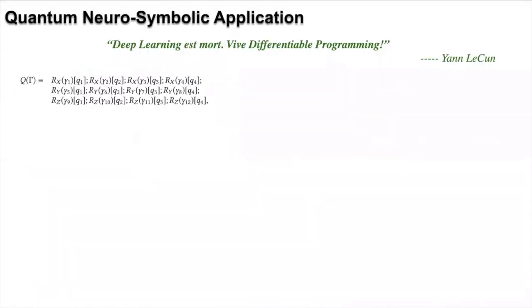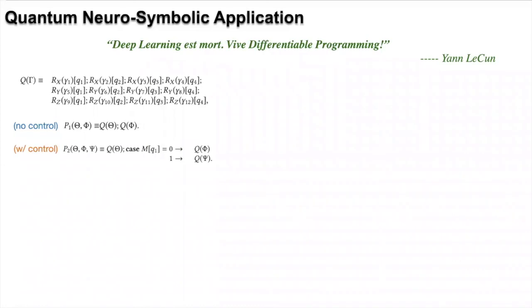Finally, we provide one quantum neuro-symbolic application. Consider Q(gamma) as just a collection of parameterized quantum gates. P1 will be just a Q(theta) and a Q(psi), two Q with different parameters. P2, however, has the first part of Q(theta), but it does a quantum control for the second part.